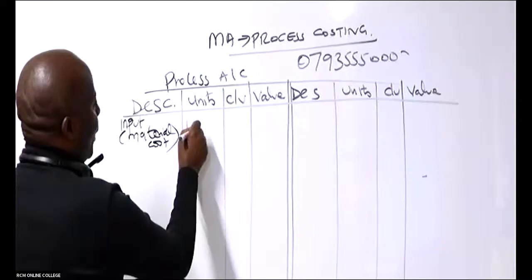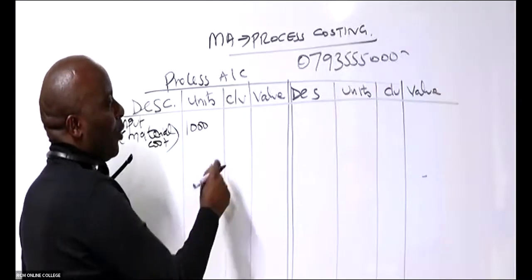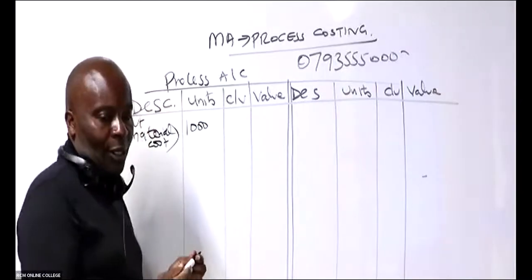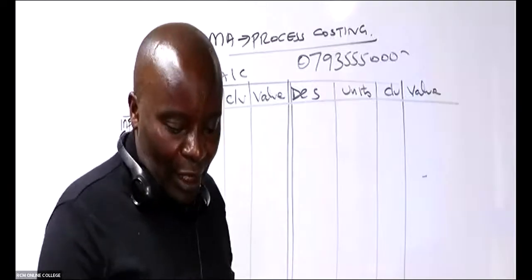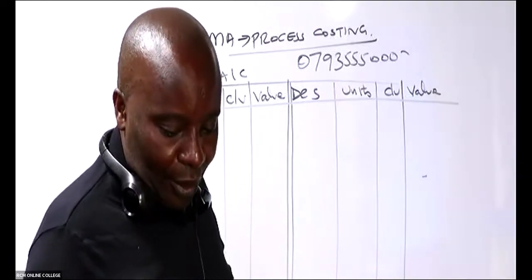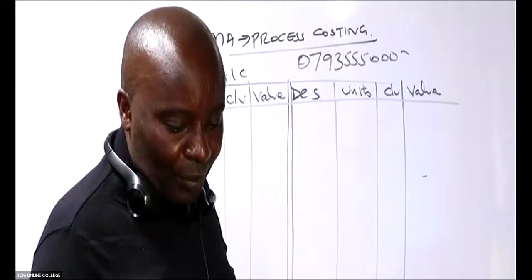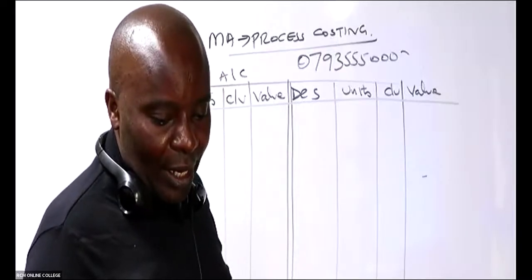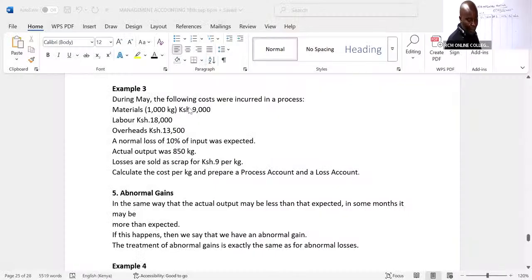So 1,000 units. What is the total value of these 1,000 units? You can see they are here, they're costing 9,000. The value is 9,000.